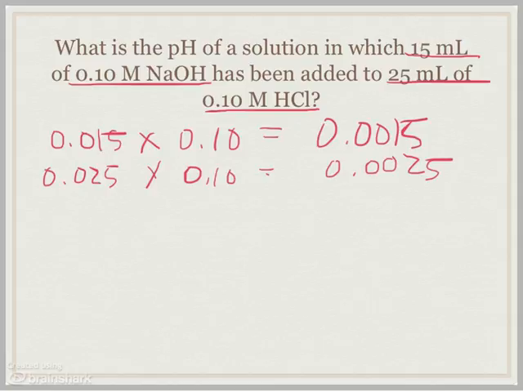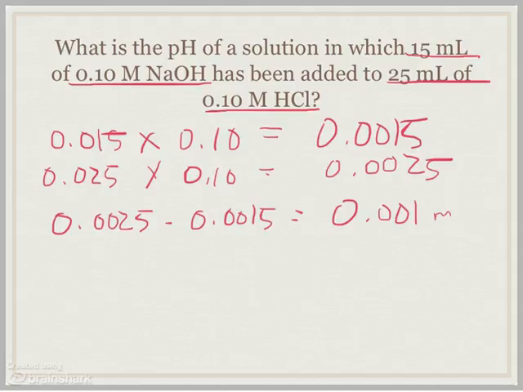Subtract the two, and you're able to see that you have 0.001 moles of the hydronium left over.